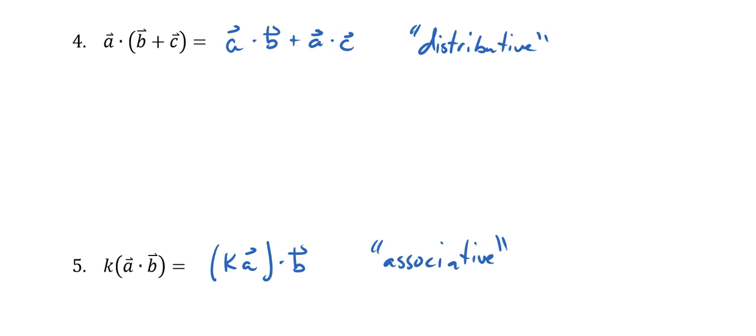But I like to think about this a little bit more deeply where this is a scalar times the dot product of two vectors. What is the dot product of two vectors? The output is a scalar. So this is going to be a number times a number. So if I take the dot product, then I can multiply it by any scalar and just make it bigger or smaller or whatever. But what's happening here?